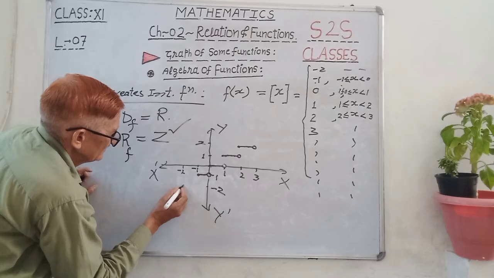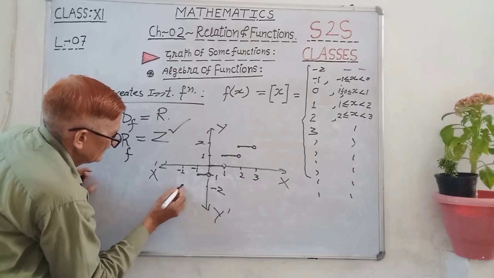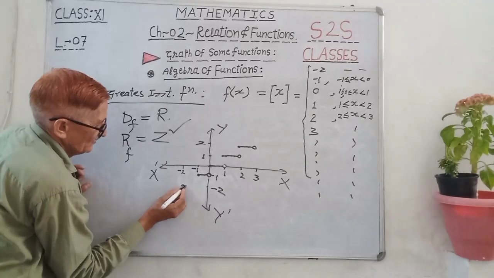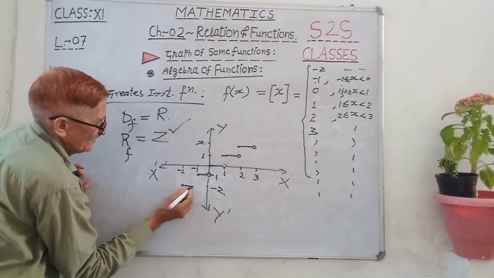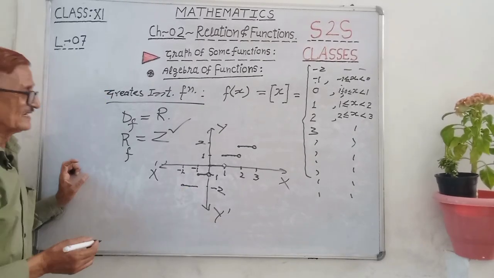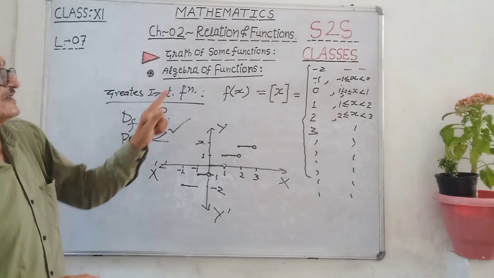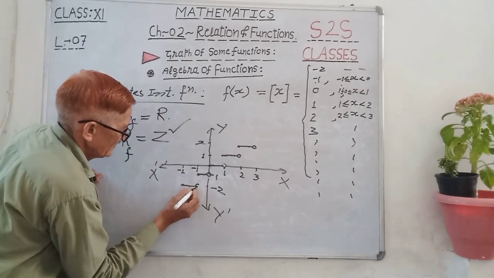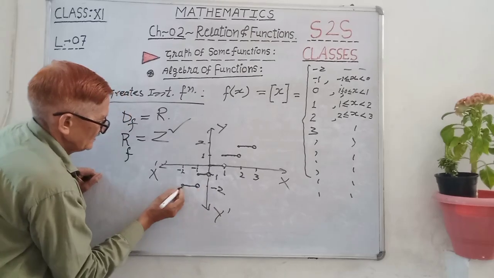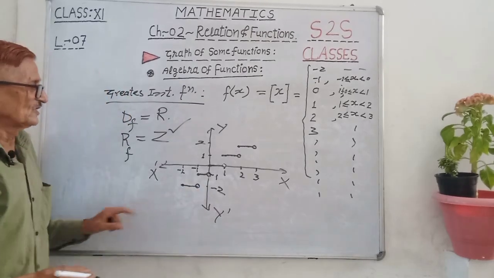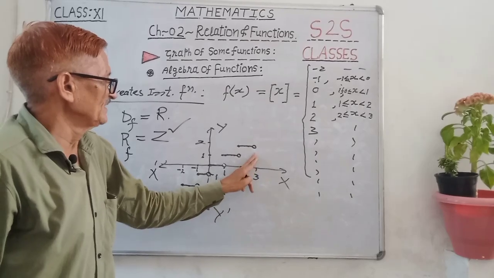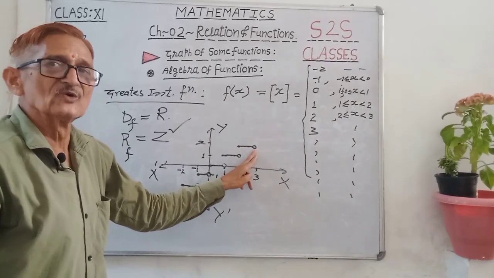Here y is dark. And this will go up to minus 1, less than minus 1 on this side. So here it is open and this is dark. Like this the graph looks. Here open means this point is not included.